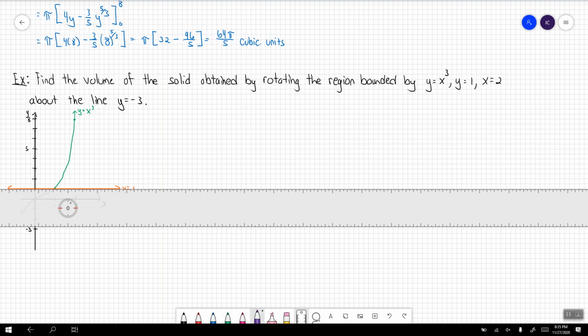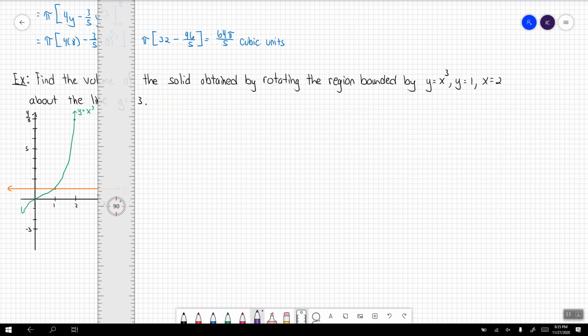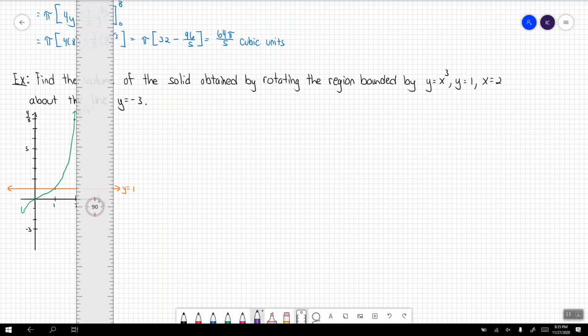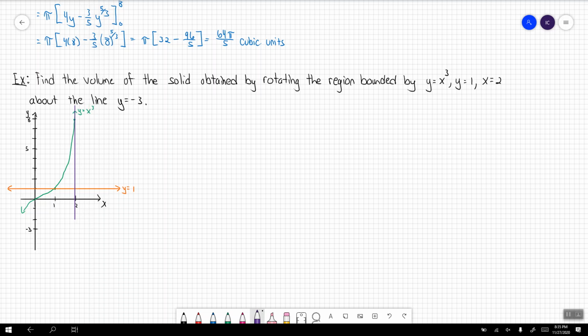So x is equal to 2 is, again, this equation here. We should now be able to extract what area we are bounding by these three curves. That area that is being bounded is this area right in here.